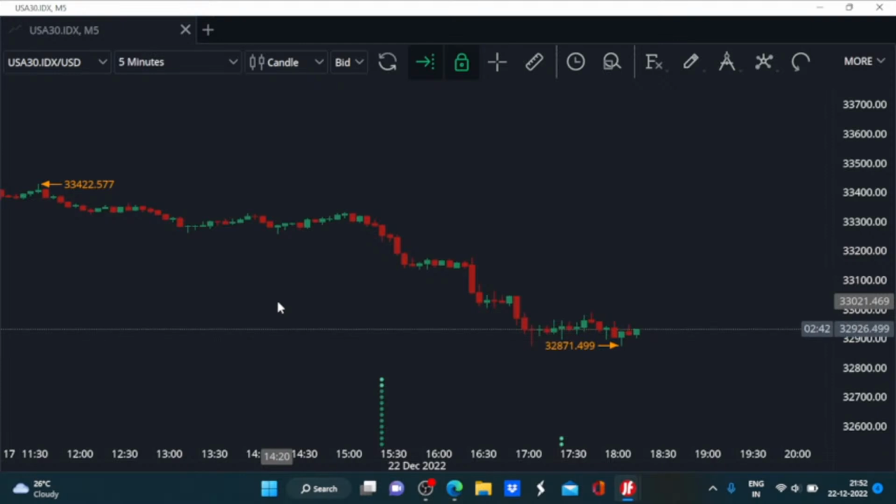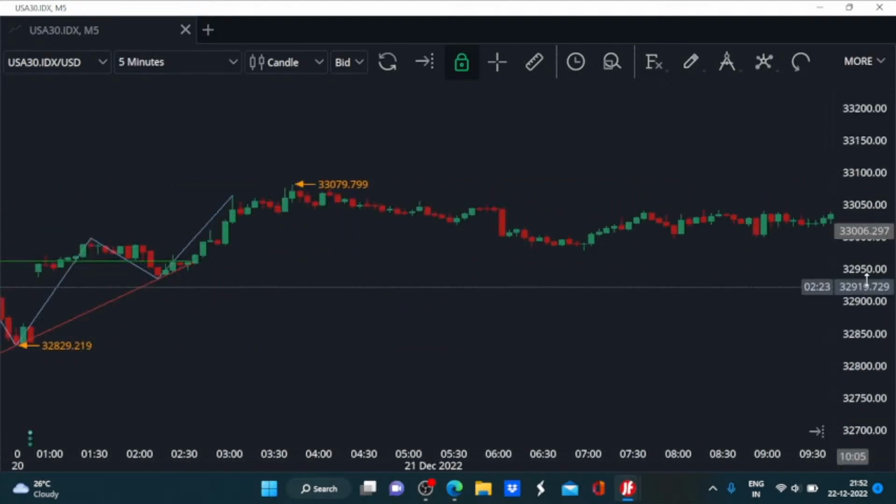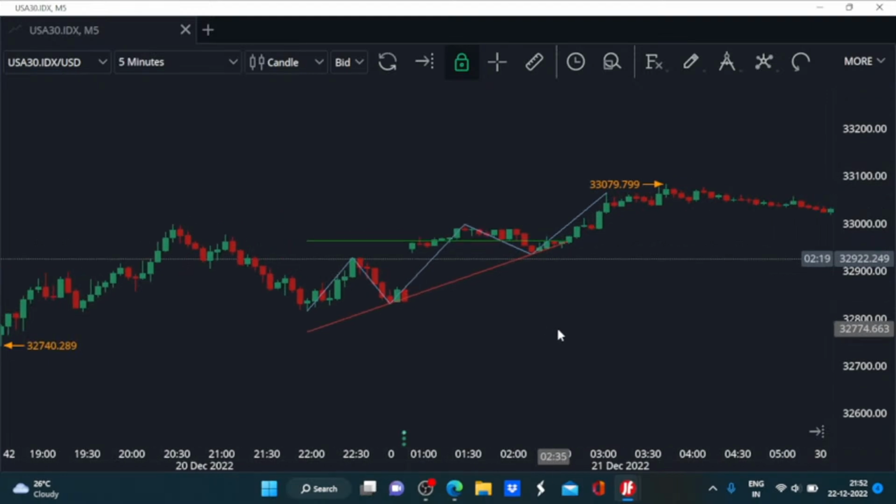I was just searching for this pattern in a random manner, and I came across these three instances. But of course, the disclaimer has to be put in that not all the time we will be making money. Of course, we can also lose money even if we have a solid formation, everything is sound logically or otherwise, and still the trade might go wrong. So that is always a possibility.